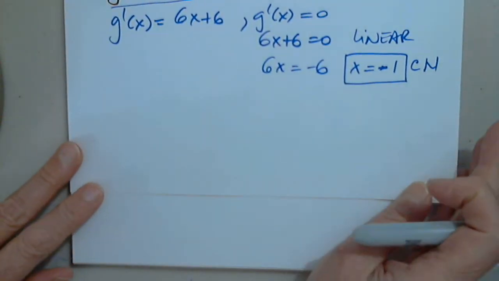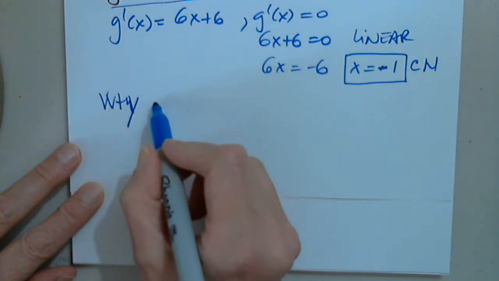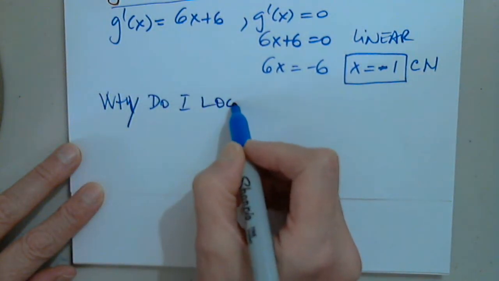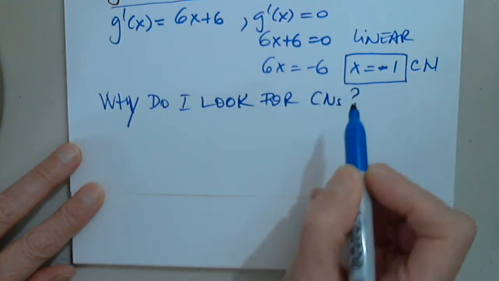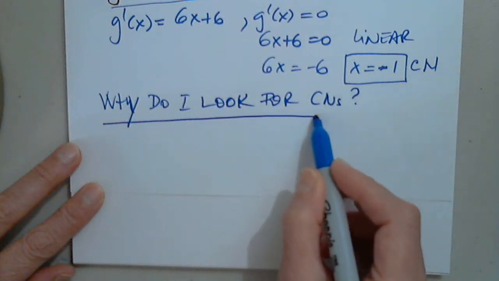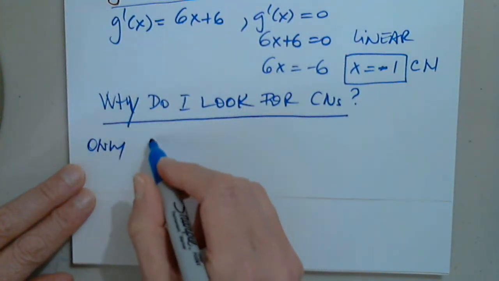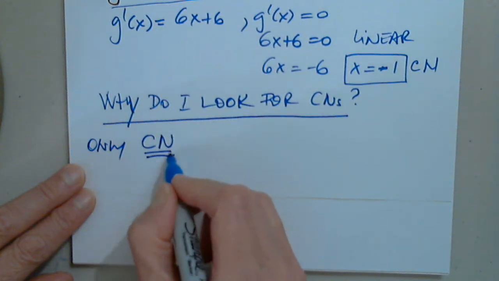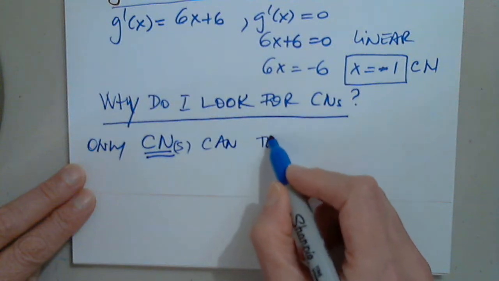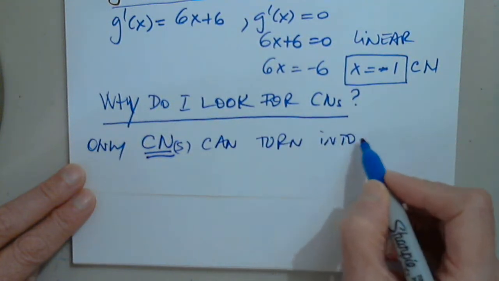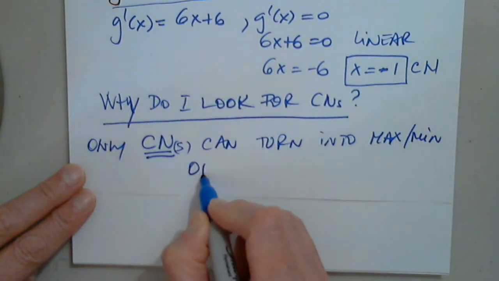But now the question is, why do I look for critical numbers? Here's the answer. Only critical numbers can turn into max-min, or not.